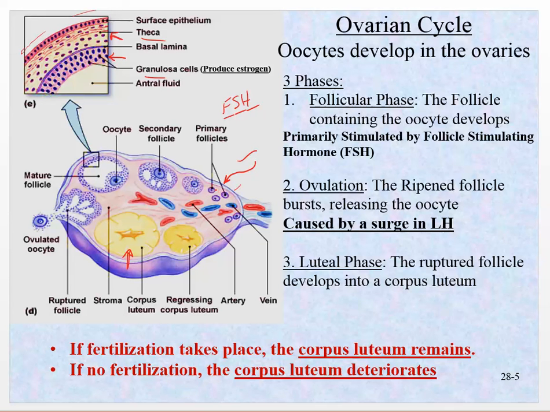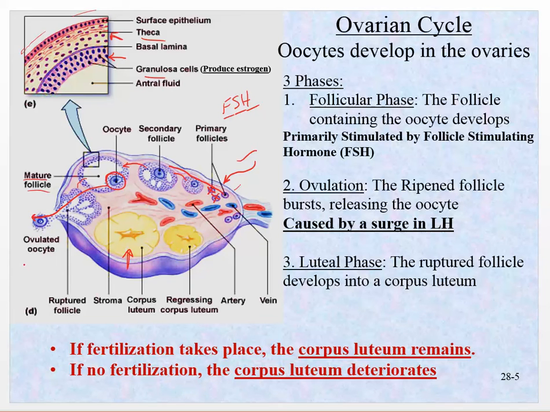There's a process, and we don't know what causes it, but after the FSH says start developing, one will become the main follicle, the one that's going to go on to develop. It develops over about 10 days, and once it's matured completely, as we see here, this is a mature follicle, then that oocyte will pop out.